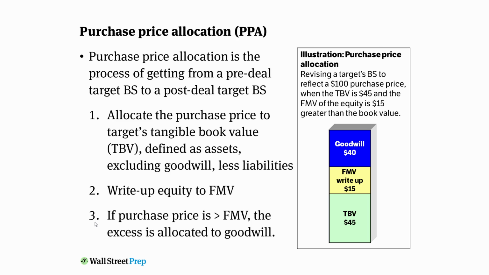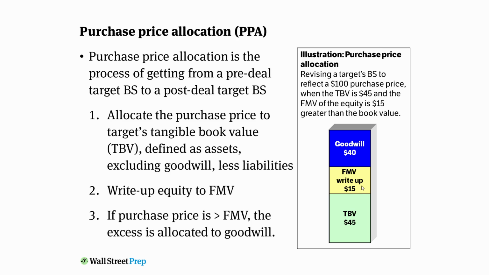Then you write up the assets net of liabilities to fair market value. And if the purchase price is still greater than the fair market value, the excess is then allocated to goodwill. Here's a visual representation of this. Let's say the tangible book value of the target company is $45 and the fair market value of all the assets net of the liabilities is 60.